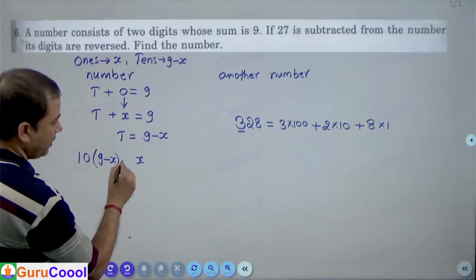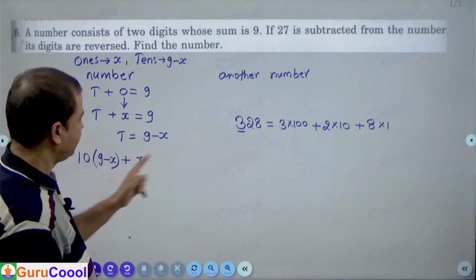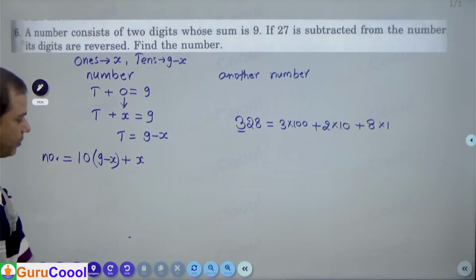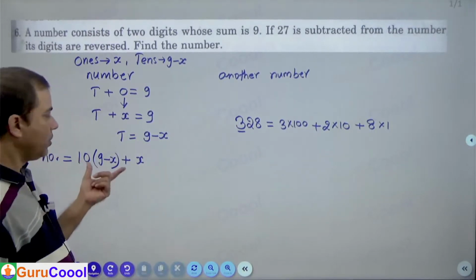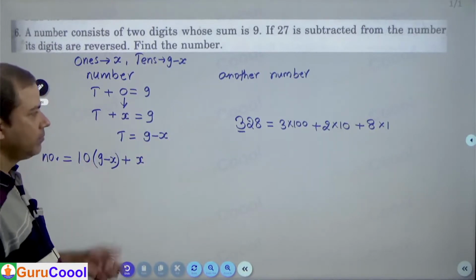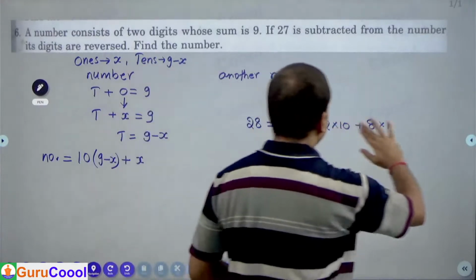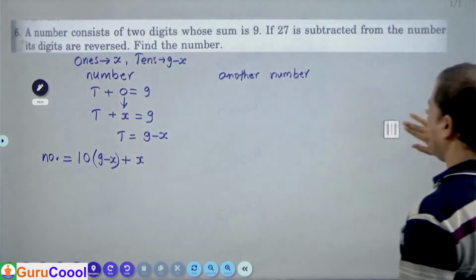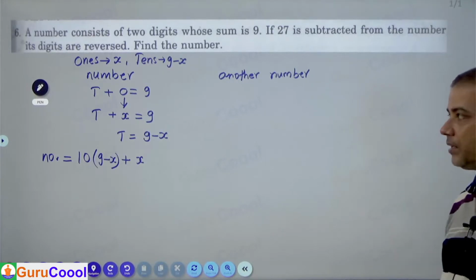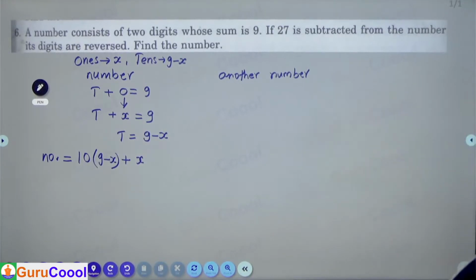Let us add them just like that. This is the new number. We got the number. If you are a detective, you should know these things. If clues are given, you should be able to use them.